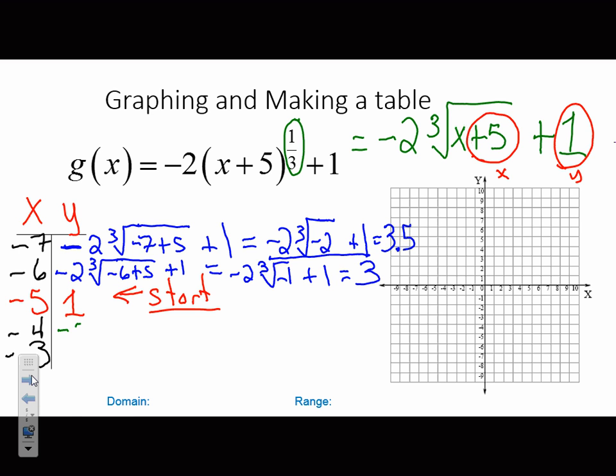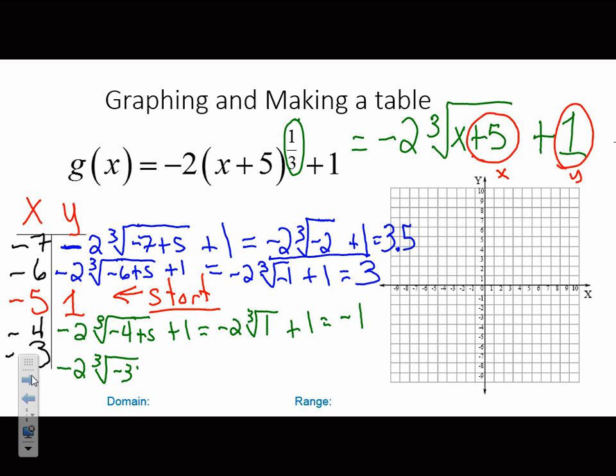So we have negative 2 times the cube root of negative 4 plus 5 plus 1, which equals negative 2 times the cube root of 1 plus 1, which is going to give us negative 1. Now our last one right here, negative 2 times the cube root of negative 3 plus 5 plus 1. This will simplify to negative 2 times the cube root of 2 plus 1, which is approximately negative 1.5.